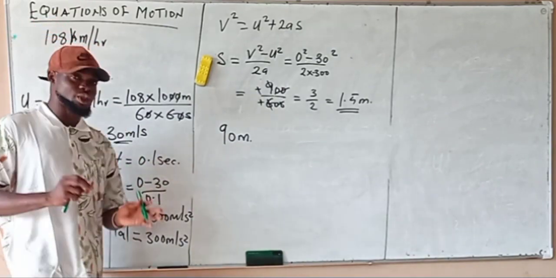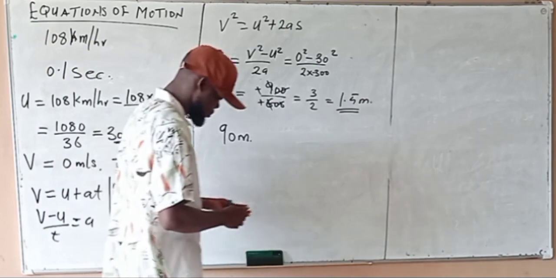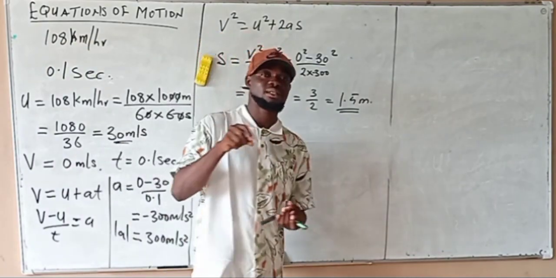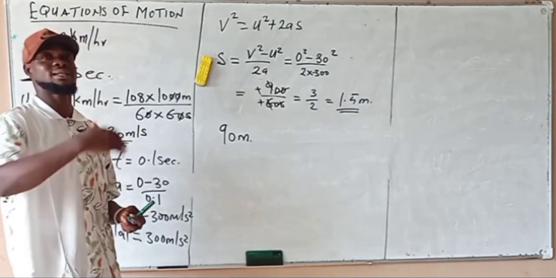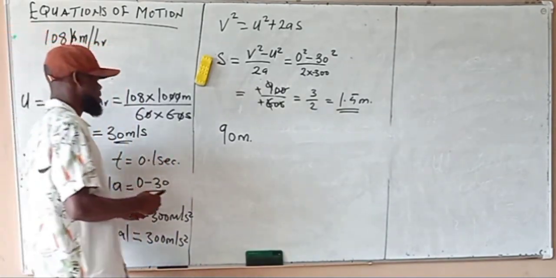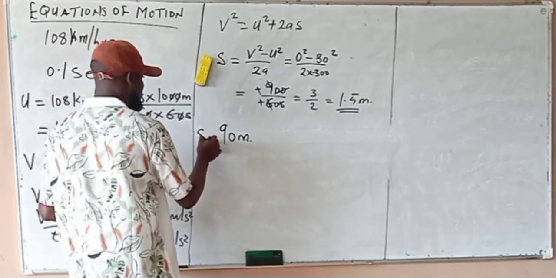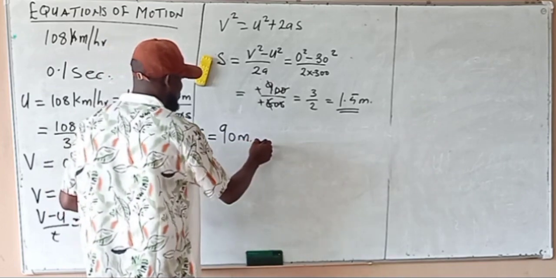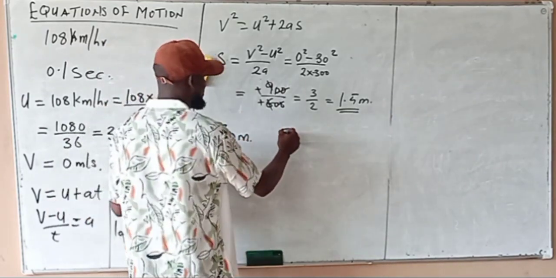Calculate the acceleration of the body and the velocity after 10 seconds. Calculate the acceleration of the body. The distance moved is 90 meters, and the time to move this distance is in the 5th second.